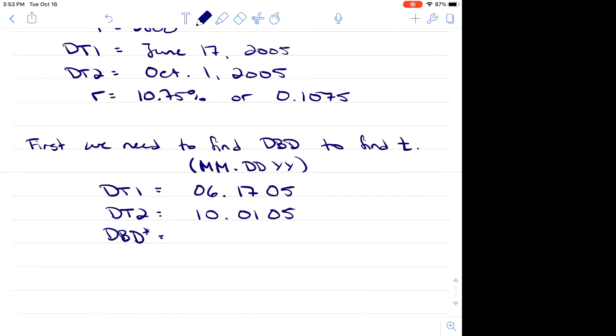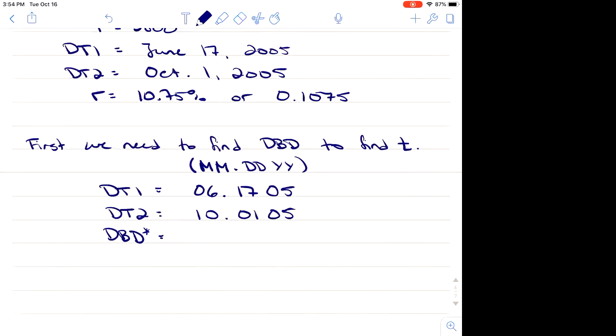So let's enter these. Going into our date function, second date, or the 1 button, date 1 is 06.1705, enter. Date 2 is 10.0105, enter.